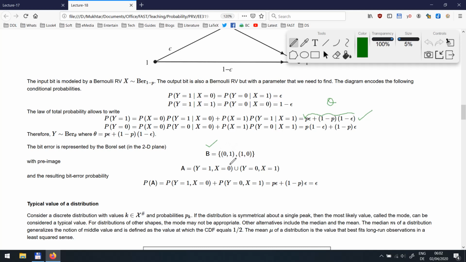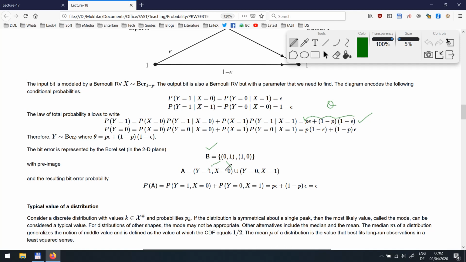Look carefully: 0 sent, 1 received, Y is equal to 1, X is equal to 0. And 1 sent, 0 received. And just take the union. So if you want to find the bit error probability, regardless of which bit was sent, you just add these two, and that turns out to be epsilon. So yes, we are done.